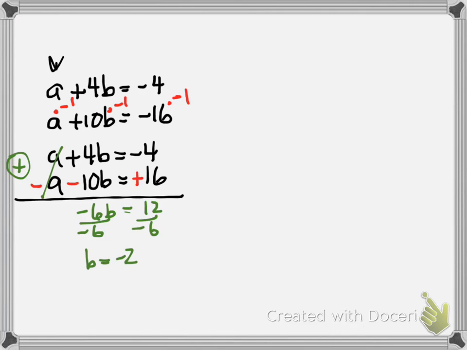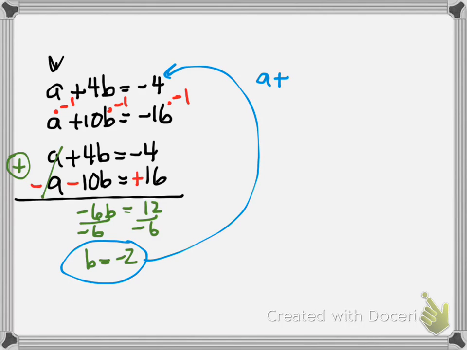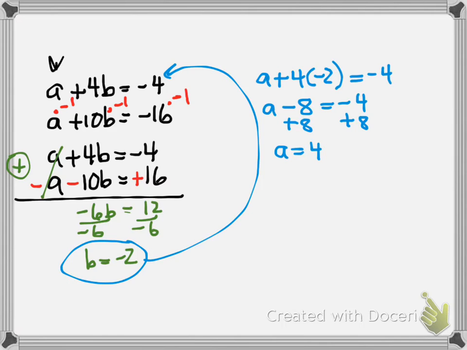Then I'm going to take that answer and plug it in here and solve for a. And it doesn't matter which one. So I have a plus 4 times the quantity negative 2 equals negative 4. And then I just keep solving. 4 times negative 2 is negative 8. I'm going to add 8 to both sides, and I get a equals 4.